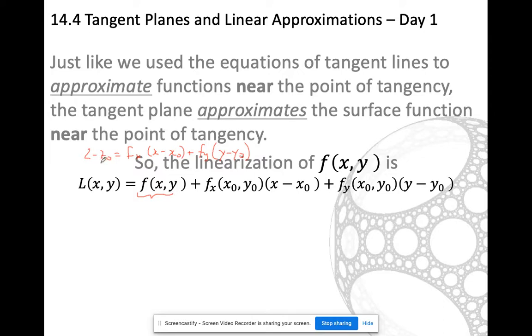That's just z sub 0, isn't it? If you take the function and plug in the given x and y, you get the z coordinate. So if I plug in x naught, y naught, I'm going to get z naught. So all I did was move this over here, so it's positive. Z is equal to f of xy. So I'm saying the linearization of xy is equal to the z coordinate plus point, slope, point, slope.